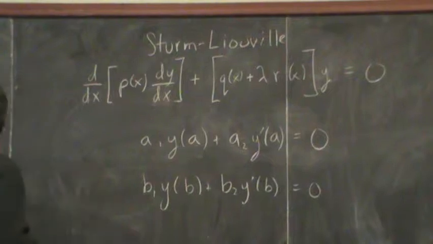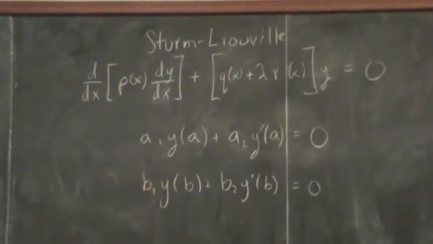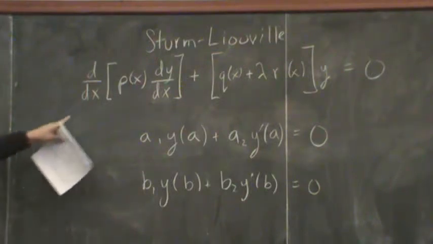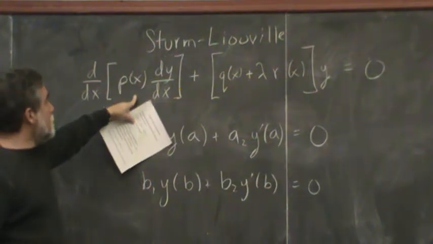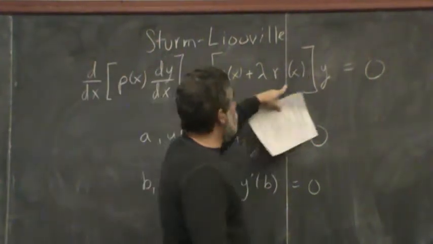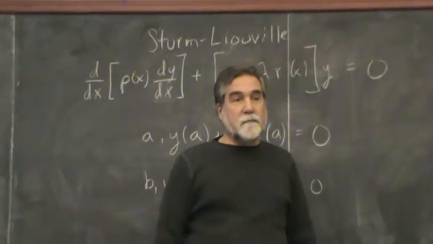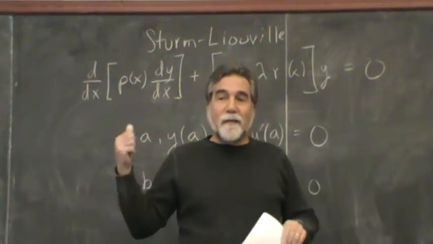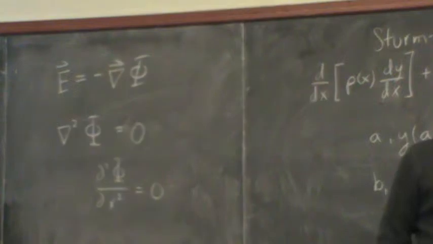It's quite clear that this, let's just write d squared y dx squared equals 0. That's a Sturm-Liouville problem, right? All I've done is to set p of x equal to 1, and q of x and r of x equal to 0. So that's like the simplest Sturm-Liouville problem that you could suppose. Okay?